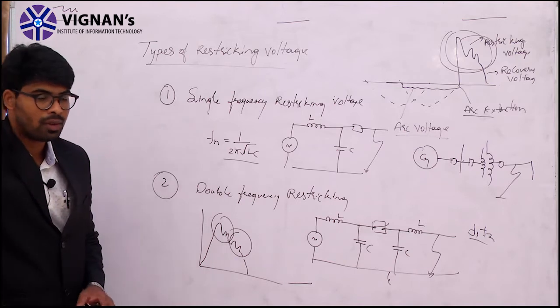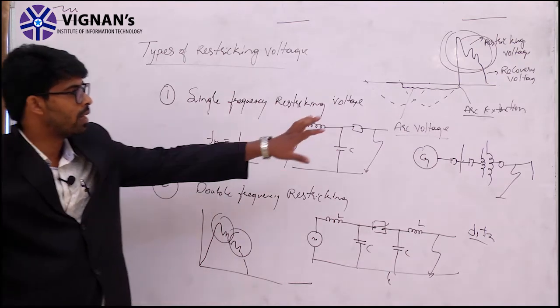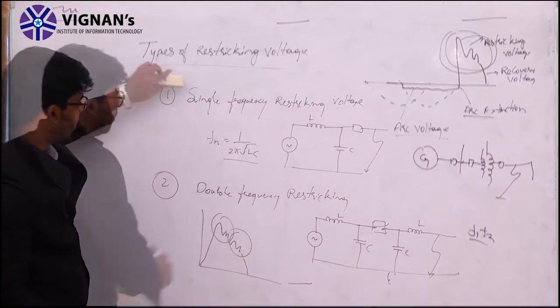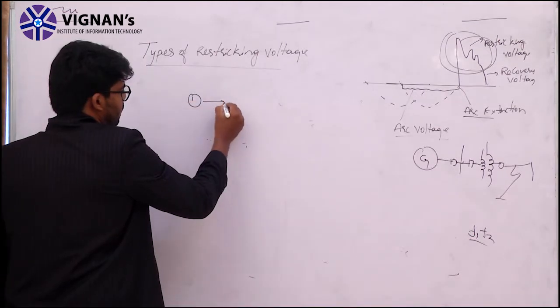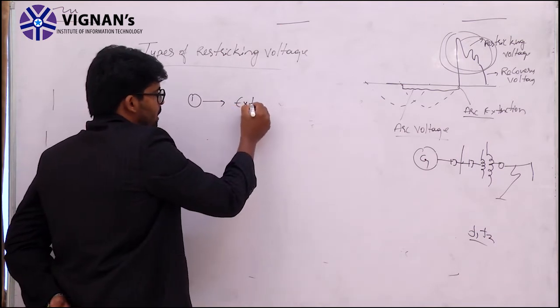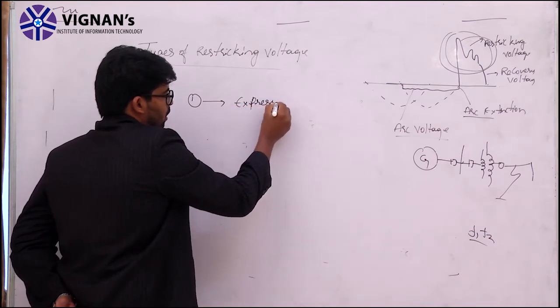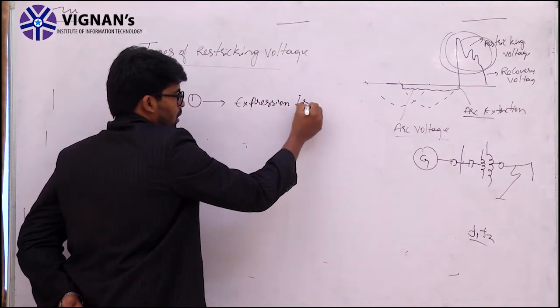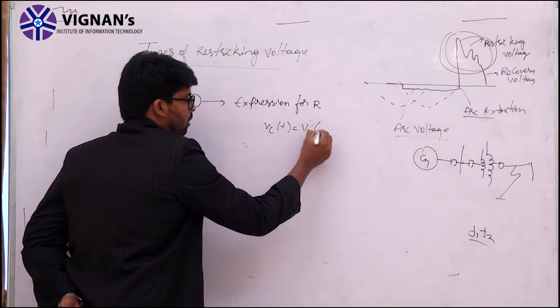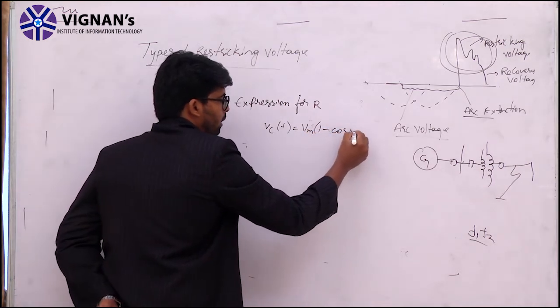Now, after complete observation of restriking voltage, we discussed the expression for restriking voltage, that is Vc of t equal to Vm into 1 minus cos omega t.